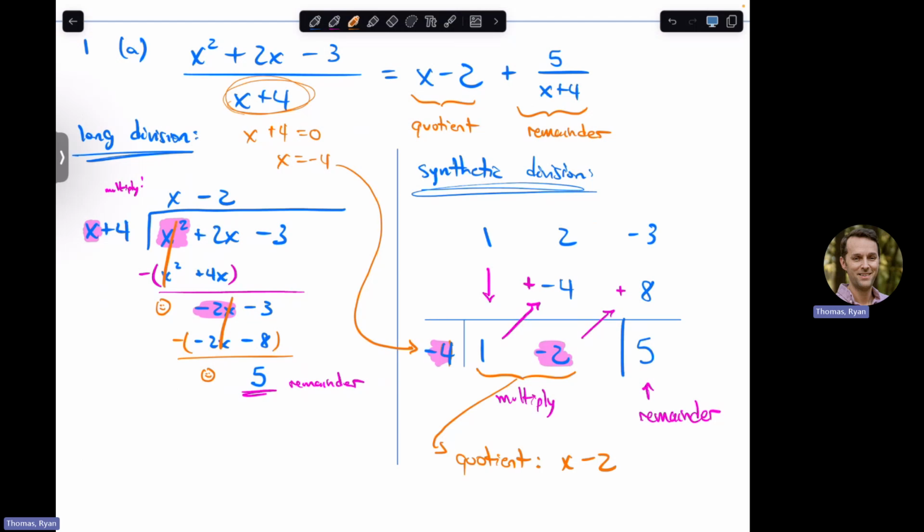And the thing that we mostly care about, i.e. the thing I'm going to ask you to do on an exam question, is to use a linear factor to factor a thing. So if you like this better, you're going to be just fine sticking to synthetic division. If you like long division better because it's a little more in sync with stuff you already know and kind of explains itself a little bit better, that's cool. I don't really care how you do it. You just need to be able to divide stuff. Right?